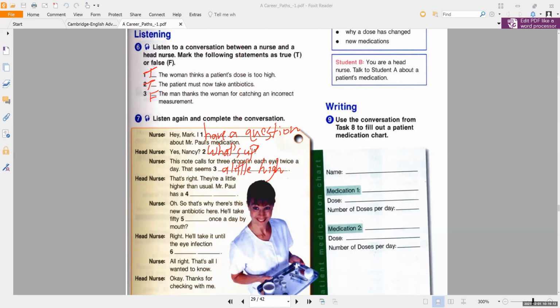He'll take 50 milligrams once a day by mouth. 50 milligrams. So we are going to write milligrams here.